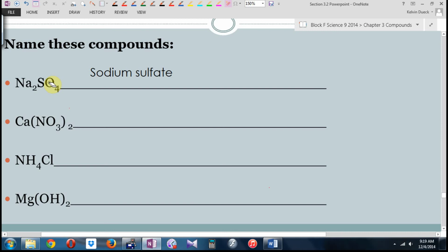Is this one here polyatomic? Yep. You can also tell because there's brackets around this funky thing here. Calcium, multivalent or not? No. So this is going to be called calcium, no Roman numeral. What is NO3?